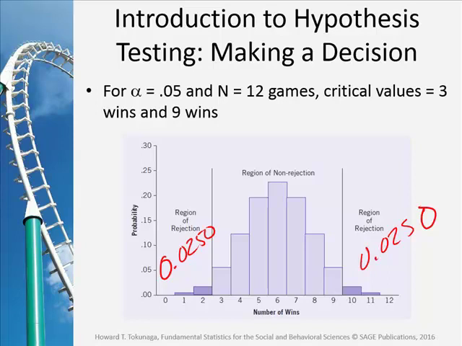So for a decision rule that alpha is 0.05 and we have 12 games, the critical value is 3 or 9 wins. So if you're under 3 or more than 9, then you can say, holy crap, that's a magic coin.